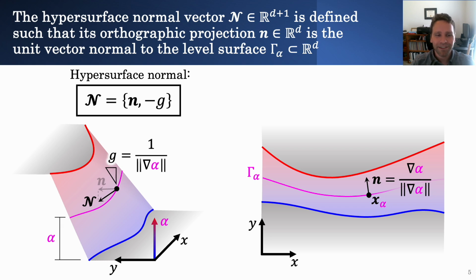It's effectively the vector that is strictly perpendicular to this hypersurface of interest, which has a component in the plane of the original spatial domain that's aligned with the normal vector n to a given level curve, but otherwise its hyperdimensional component is equal to minus g. And we'll see exactly how we define this extra quantity g. It turns out you can define both the normal and g not in terms of the gradients of alpha, but instead in terms of some other quantities, which we'll get into momentarily.